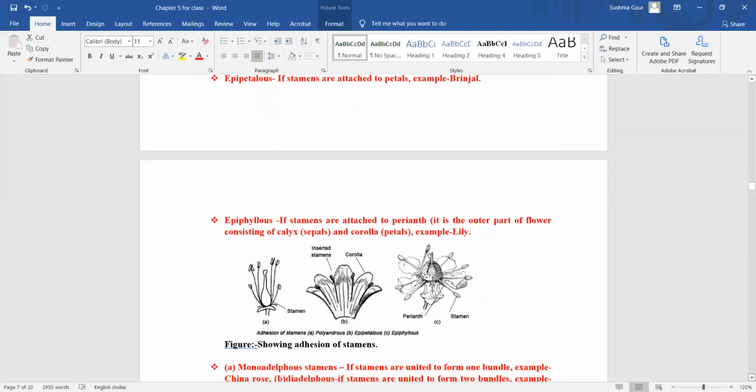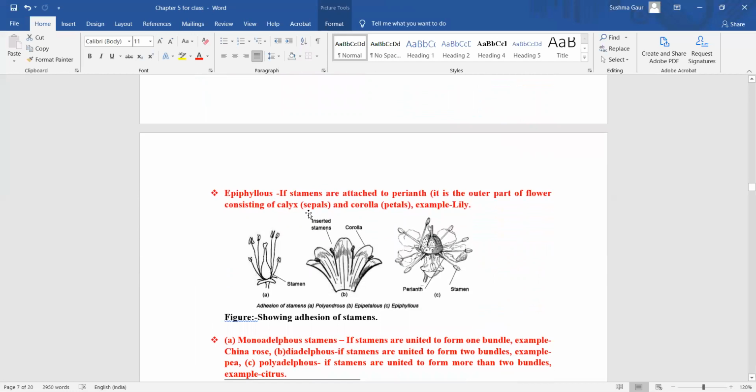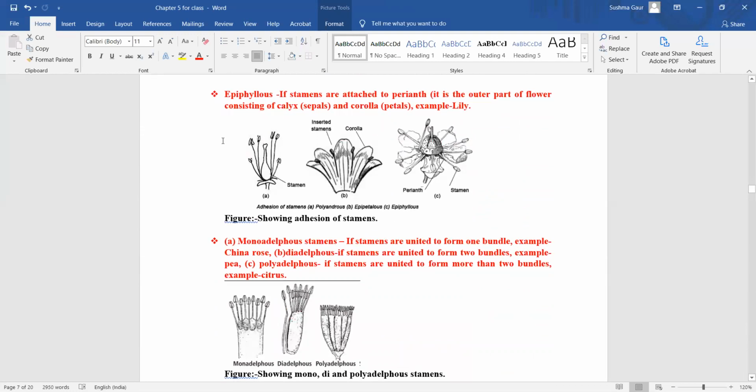Then epiphyllous. Epiphyllous means if the stamens remain attached to the perianth. So perianth is what? It's a condition where you are not able to distinguish between the sepals and petals. So if the stamens are attached to perianth, it is known as epiphyllous. So this is the polyandrous condition where many stamens are present, but they are free from each other.